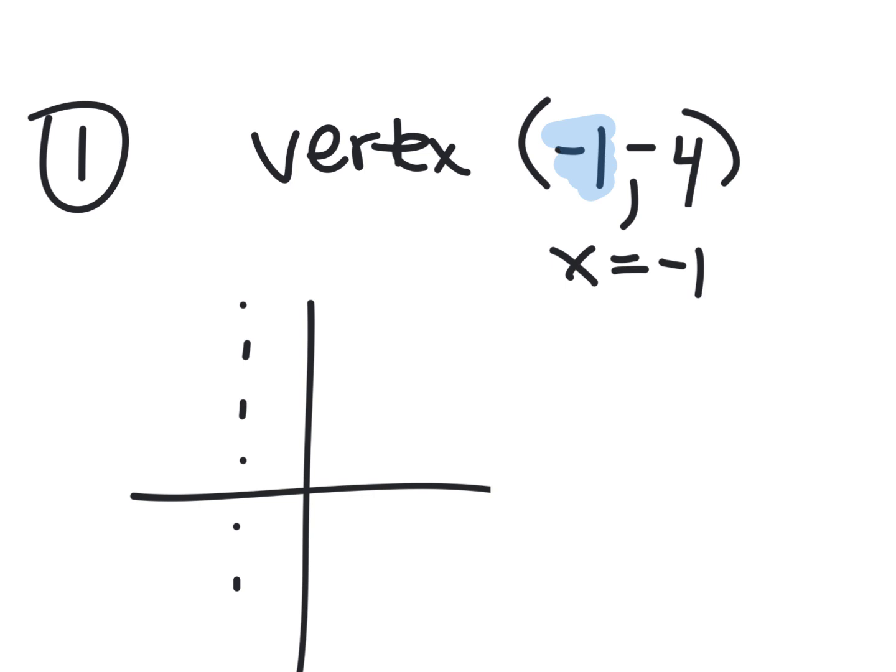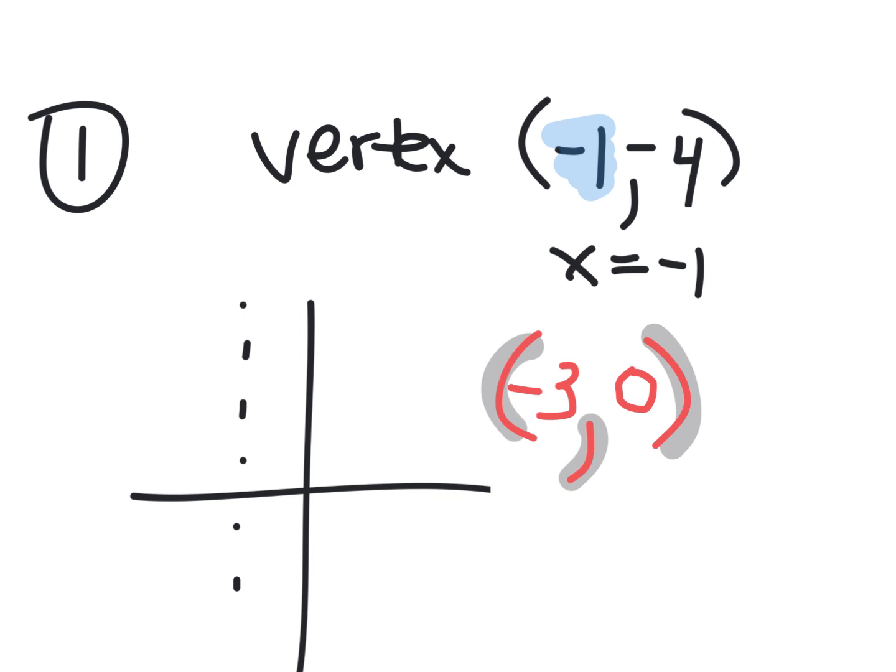Okay, yes, x-intercepts should be entered with parentheses like this. So your x-intercepts, what do you think they are? -3. If it's an x-intercept, then the y is 0, right? So that's how to put in an x-intercept. You put it in parentheses with a comma. So that's one of your answers.